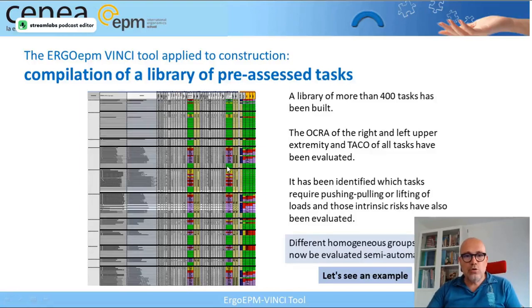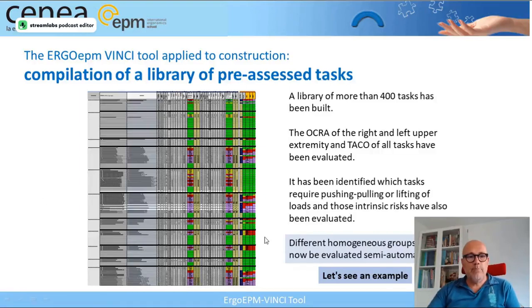In this way, a library of more than 400 previously evaluated tasks is built. What is the utility? We can now evaluate the risk of different homogeneous exposure groups in a quasi-automatic way.